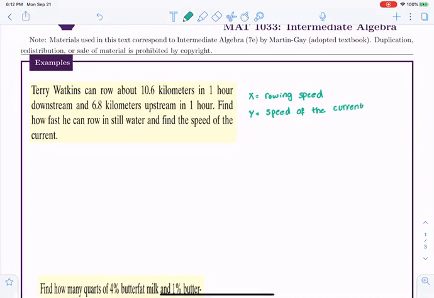And whatever total speed that we have downstream is the sum of the rowing speed and the speed of the current, because the speed in general would be increased with respect to the current because you're going downstream. So this would be x plus y.